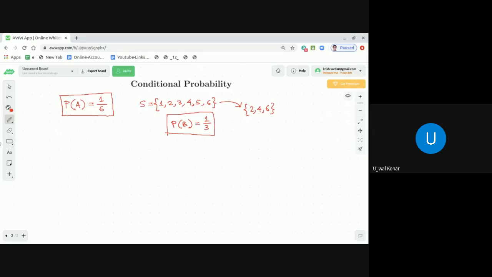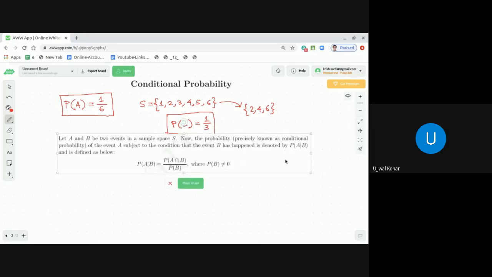So as I gave you the example, dear students, now let me come to the formal definition of conditional probability. Let me first take the statement from the study material. Let me place it here, and after that we'll start discussing it. So what is that?